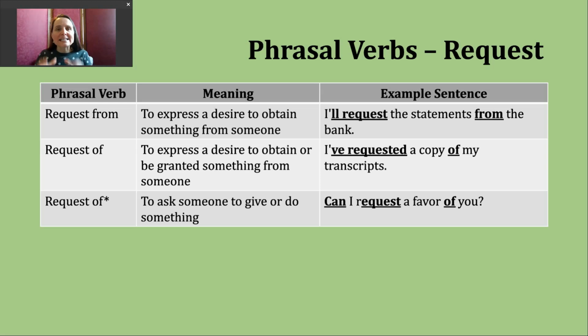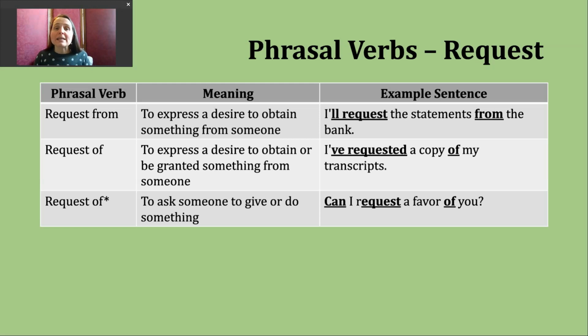So we're going to see an object come between it, and it's usually that thing that someone wants or desires. Here's an example sentence: I'll request the statements from the bank. Okay, so there we have the statements. That's our object, right? And then what comes after the from is who or what will be providing that object.